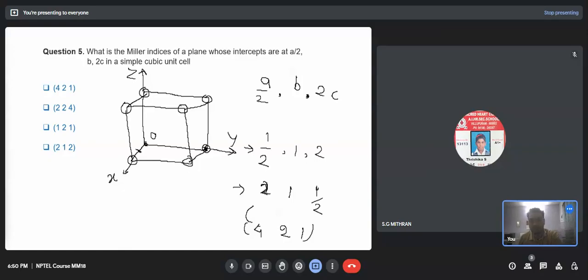This length is c, so it is coming double of c, so somewhere here it will come. So I'll make a plane for this particular Miller indices. So this is our plane.